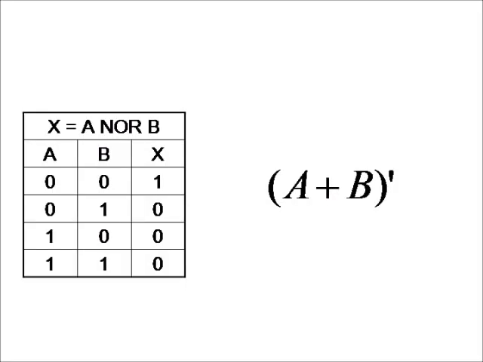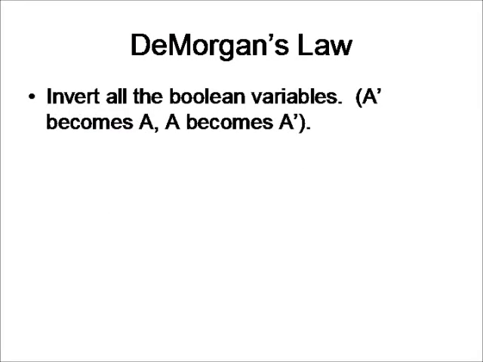Let's go back to a NOR gate. Well, with this NOR gate, we can actually simplify it a little bit further so that we do not even need the parentheses in this level. We can do this by performing a property known as De Morgan's law. In De Morgan's law, we can invert all the Boolean variables that are currently in the equation. In this case, A naught becomes A and A becomes A naught.